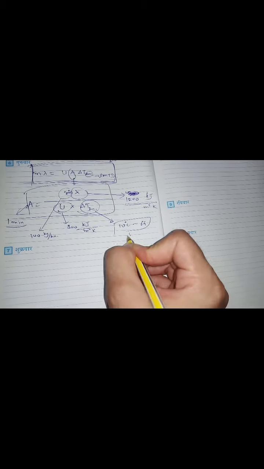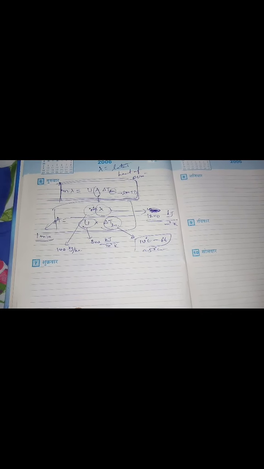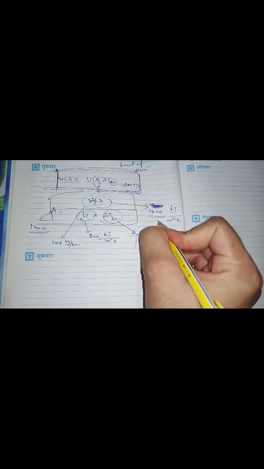So basically the temperature difference is approximately 50 degrees centigrade. You have to take this 50 degree, and the unit will be kilojoule per hour per meter square per Kelvin.